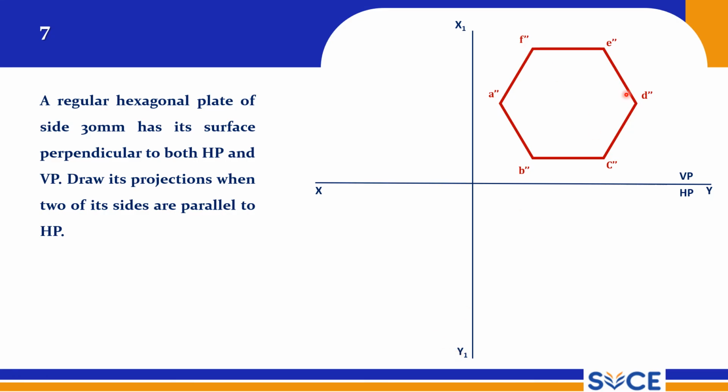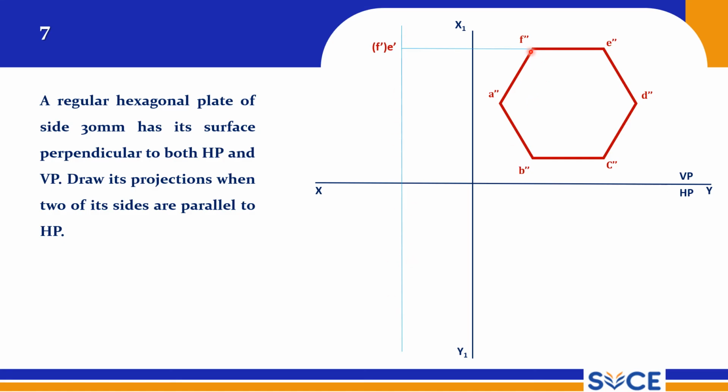I have got my true shape here in the side view, which is obviously the left side view. Now it is a straight line. We know that the front view and top view will become two straight lines. To get the points on a single projector, we have to do this exercise.